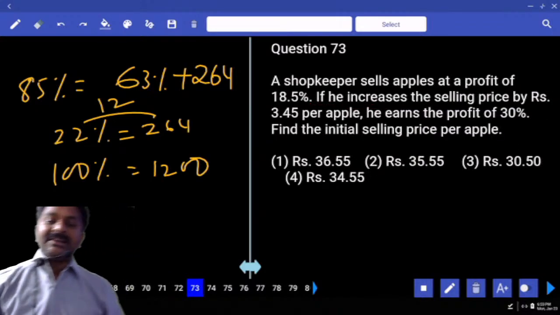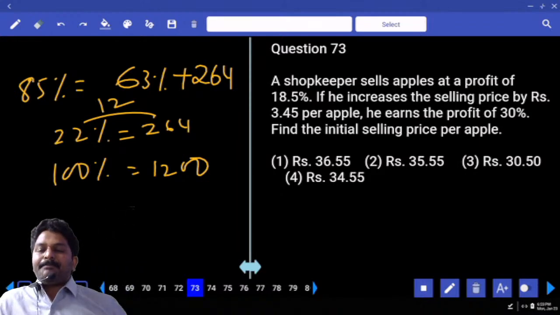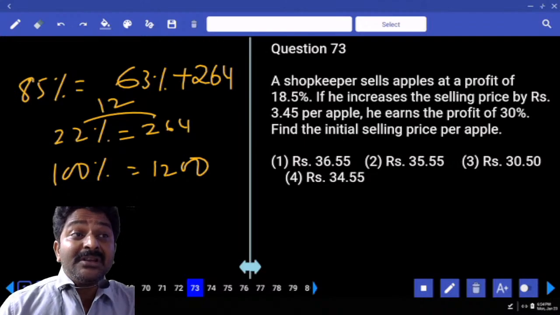A shopkeeper sells apples at a profit of 18.5%. If he increases the selling price by 3.45 per apple, he earns a profit of 30%. Earlier also he was getting a profit, right? How much? 18.5.